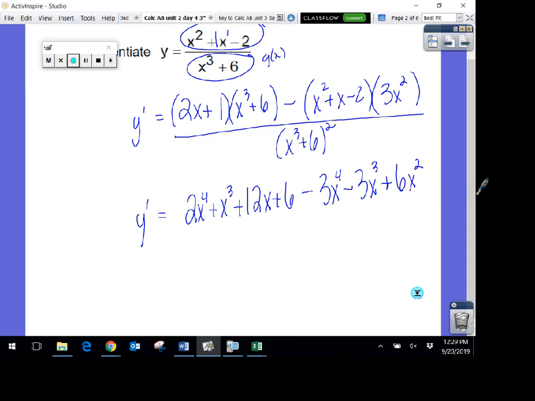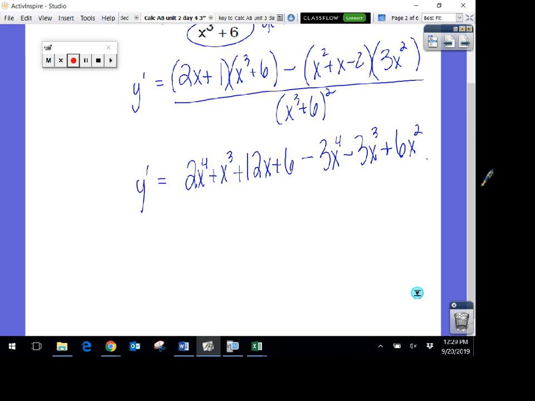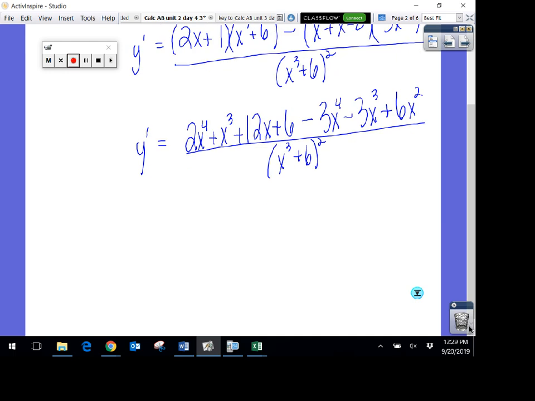That 3 gets distributed in, and then the negative to one of them. You don't distribute this negative here, here, here, and here. These two things are being multiplied, so it's minus all of this. I would think of it multiply first and then distribute the negative, but either way works. And again, you do not have to square out that denominator unless you want to. Only thing left to do now is add and subtract like terms.